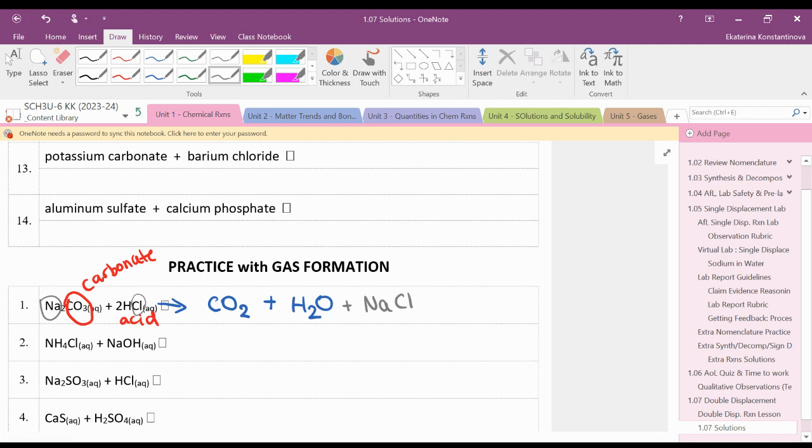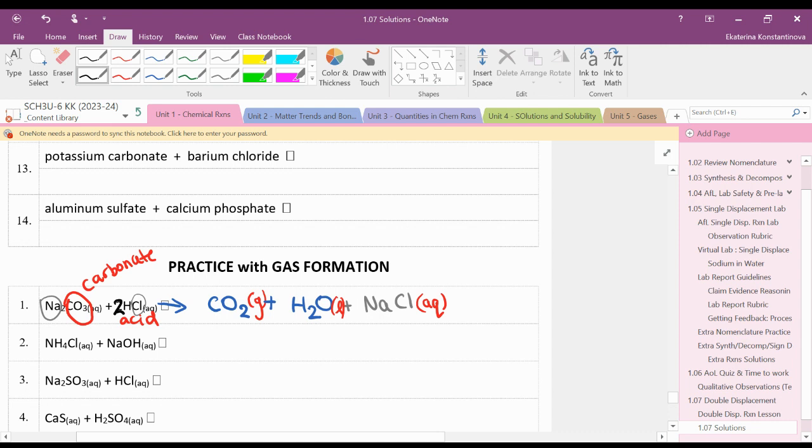Then you also have to make sure you include your states. CO2 is a gas, water is a liquid, and NaCl, if you look at your solubility chart, is aqueous. You also need to make sure you're balancing everything. So you would have to add a 2 right here.